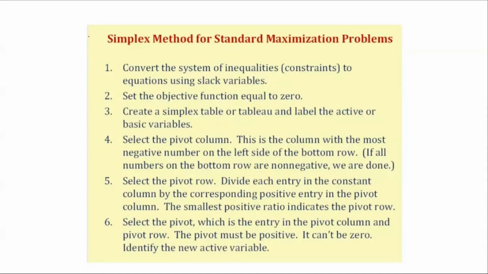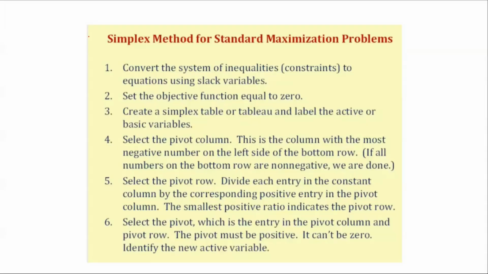You set the objective function equal to 0. That's another step. You create something called a simplex table or tableau, right? I'll say table. And you label what we call active or basic variables, right? In a couple of slides from now, you'll see what they mean by that.